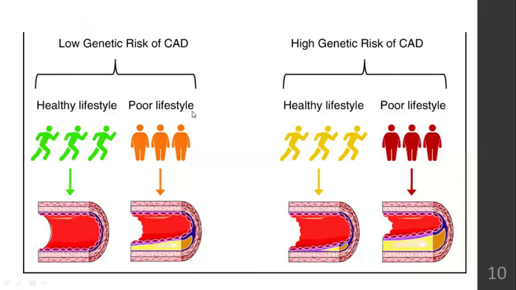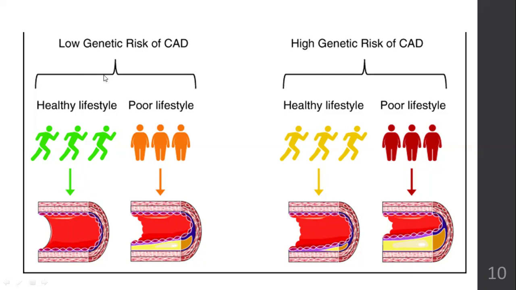Another risk factor is how your family history impacts your risk. Somebody had shown a doubt: can you change your DNA? So let's say these are the low genetic risk people, on the left side.